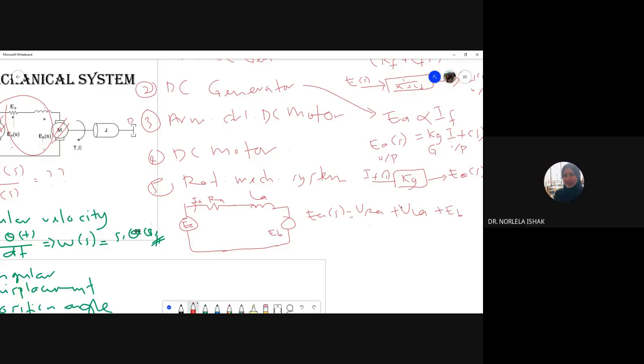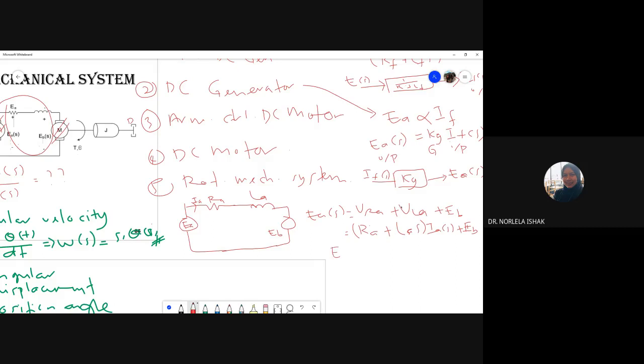Total of voltage kan? Okay, so ini sama dengan RA plus, ini impedance dia, LAS, darab dengan armature current kan? Okay, and plus dengan EBS. Okay? Right, so jadi you rearrange this equation.